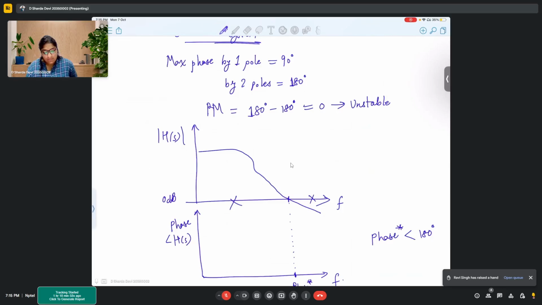Some rough estimate? I mean, we cannot comment on that much, but definitely from a practical perspective, first of all, I want my bandwidth to be high. Let's say if I'm talking about my amplifier, I want my bandwidth to be high, right?